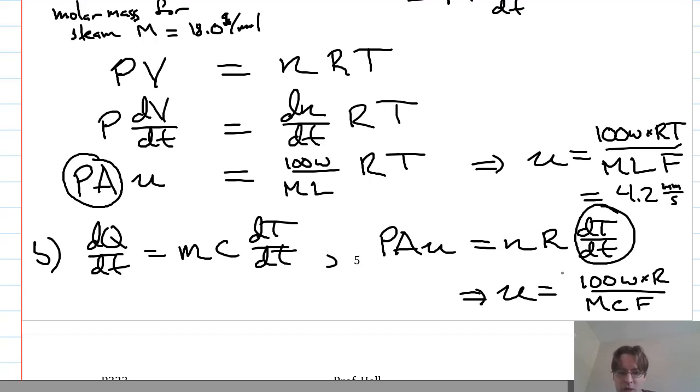Notice in this case, you get mass divided by the number of moles, which just gives you the molar mass, just capital M. I get a speed in this case. It comes out to be 12.7 millimeters per second.